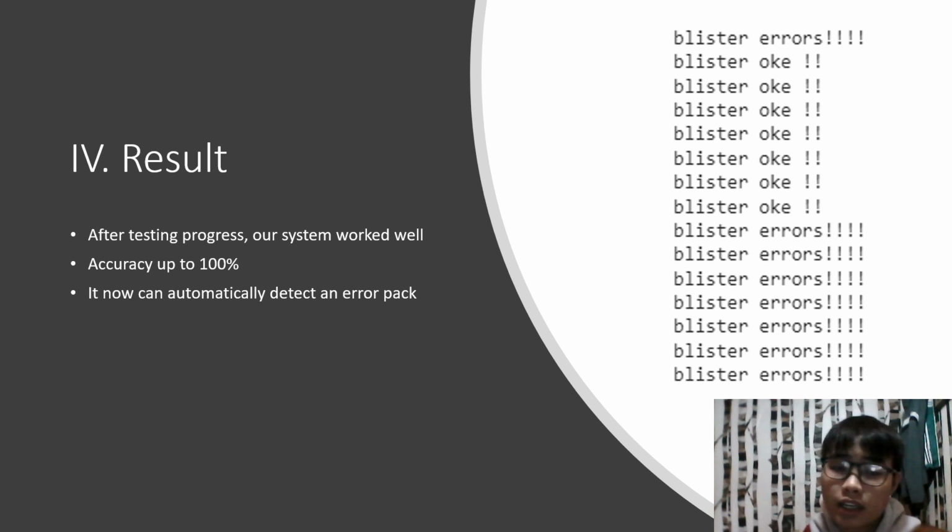After the test process, our system worked pretty well. The accuracy is up to 100%. Maybe it's incorrect in some pictures, but I think it's okay with the constraints, and now it automatically detects the error pack.